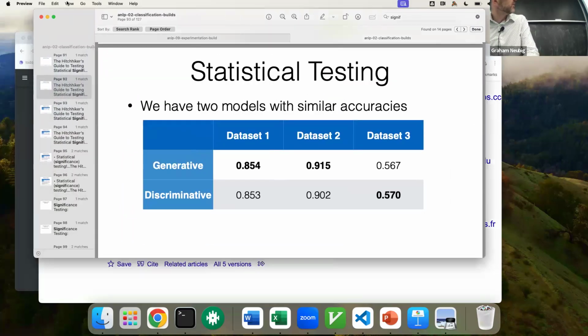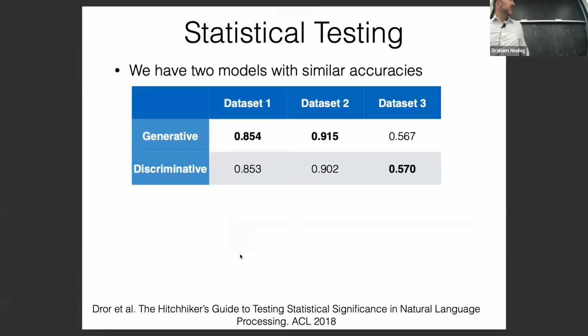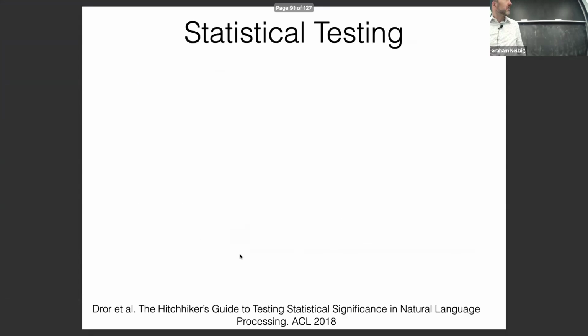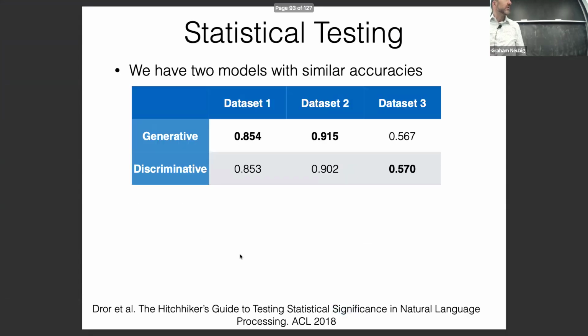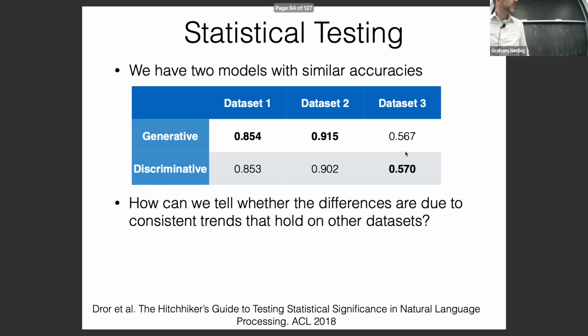Okay, so let me explain statistical significance here. Basically, when we're doing statistical testing, let's say we have two models with similar accuracies. Let's say model one is a generative model, model two is a discriminative model. On data set one we have this result, on data set two we have another result, and on data set three we have another result.